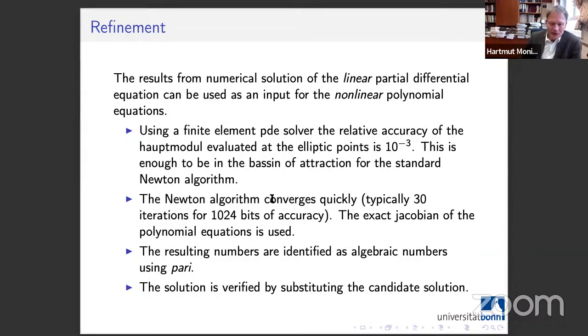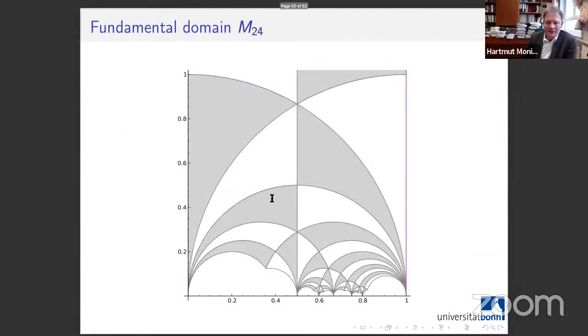And once you have solved these algebraic equations to high enough accuracy, you can identify the numbers as algebraic numbers. And once you have calculated the algebraic numbers as rational numbers or as integer numbers over a given number field, you can plug that into the equation and check that your solution actually is correct.